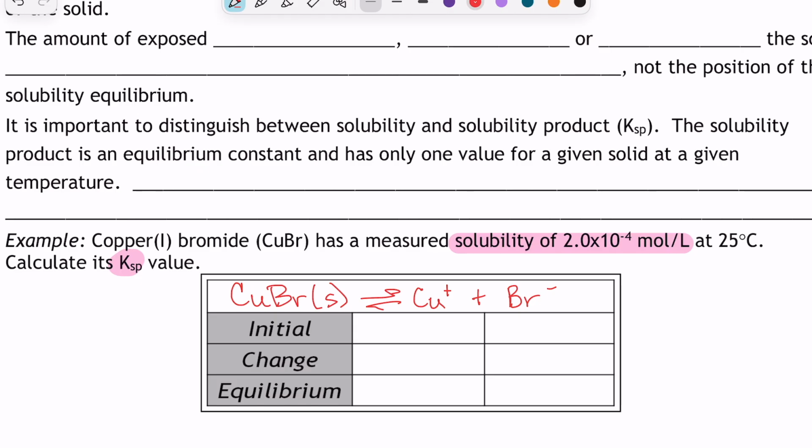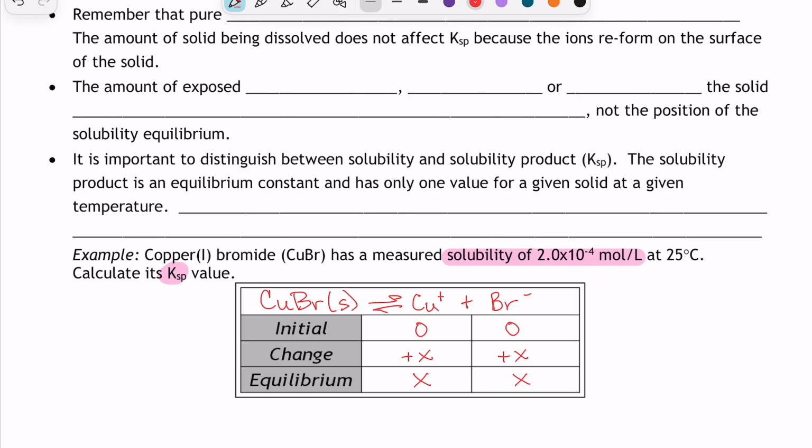Our initial conditions, we have only the solid and no ions, so we have 0 and 0 for the concentration of the two ions. When it sets up its equilibrium, this one goes up by x and this one goes up by x, because they both have coefficients of 1. So at equilibrium, we have x and x. So far so good.